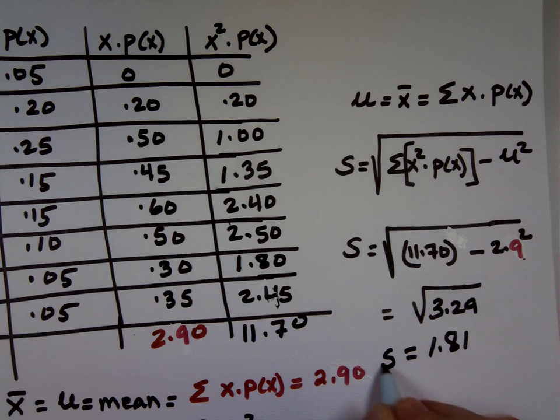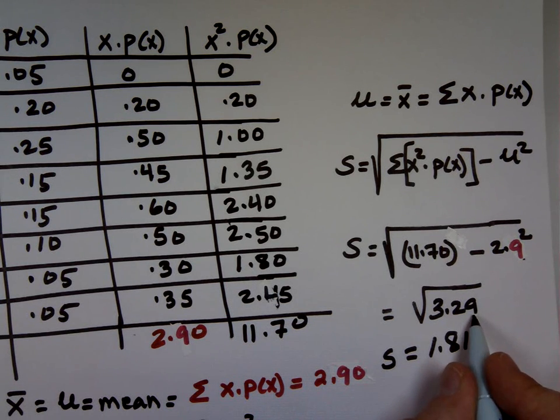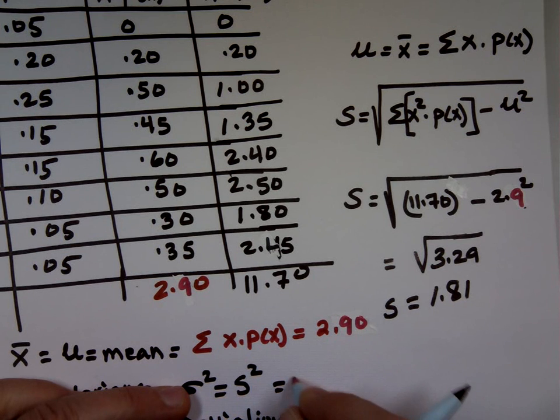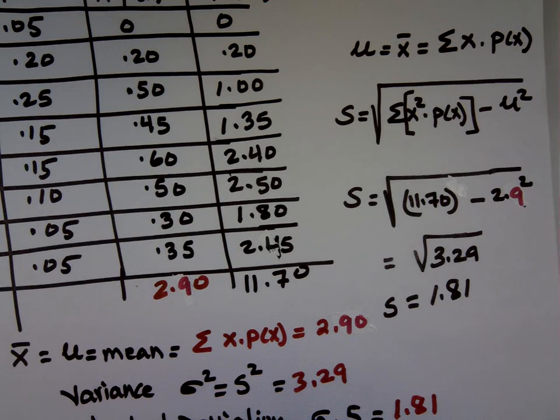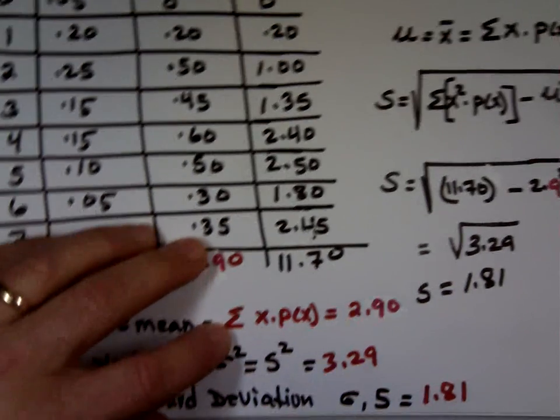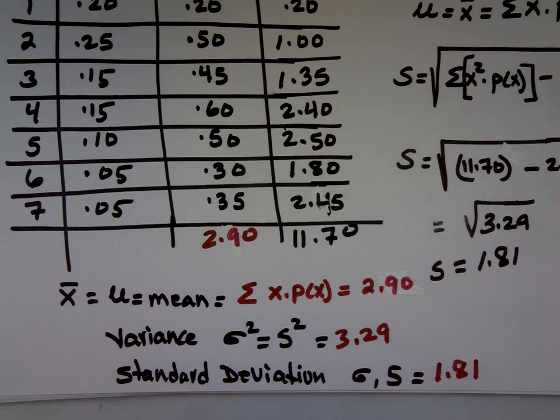So my variance is 3.29 and my standard deviation is 1.81. The mean, the variance, and the standard deviation.